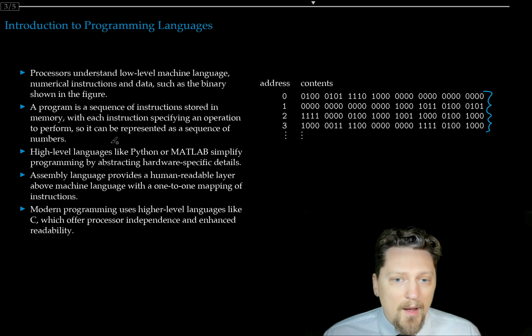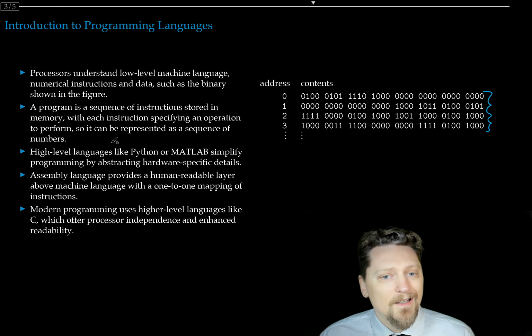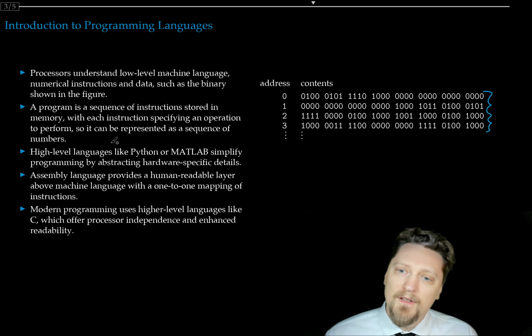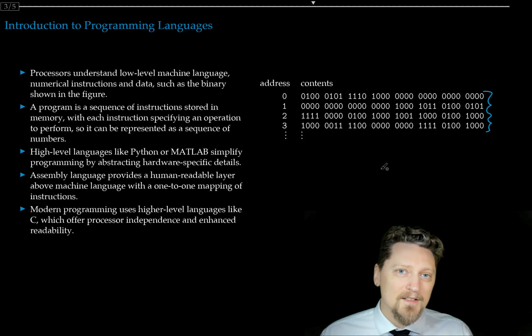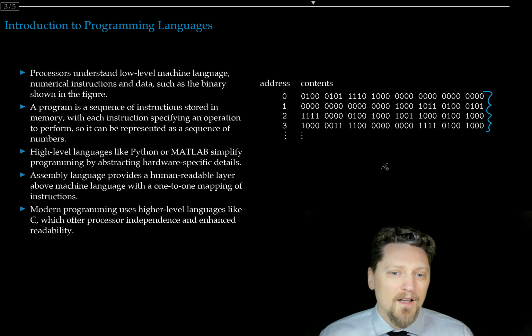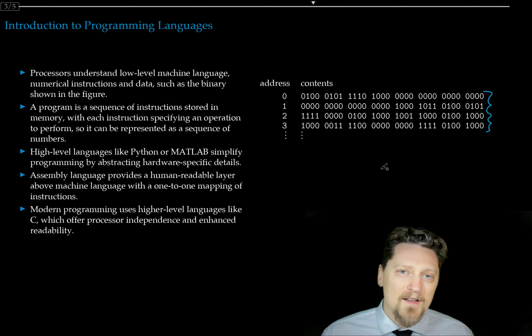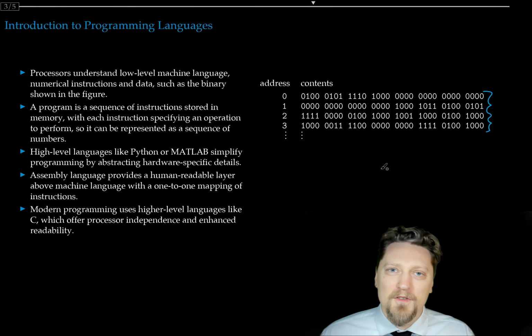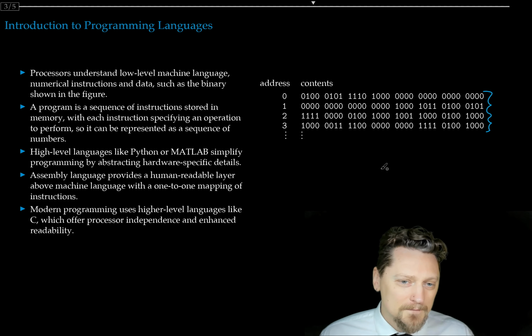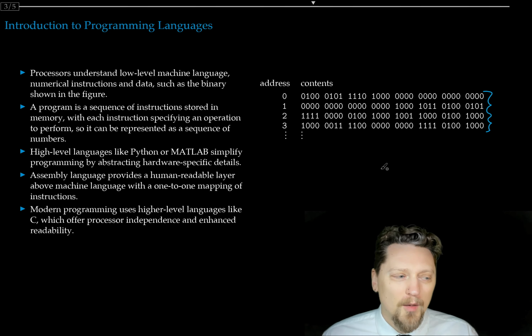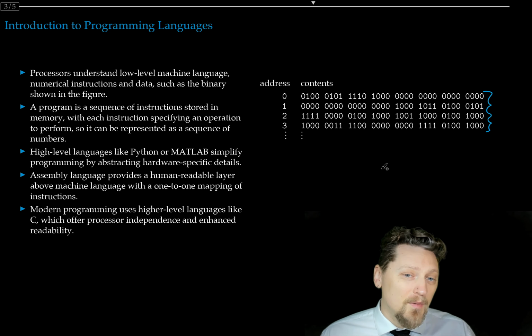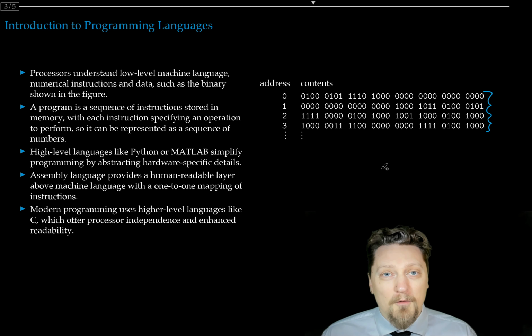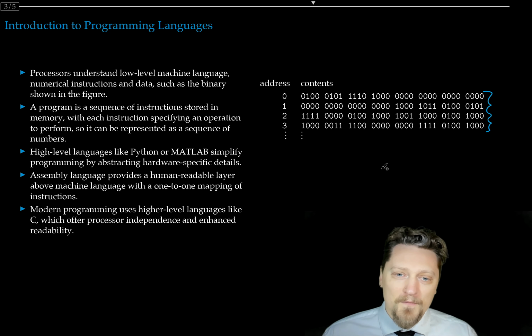High-level languages like Python or MATLAB simplify programming by abstracting hardware-specific details. So each processor has a set of instructions, and that processor is going to require that those instructions are used in a certain way. Now, we don't want a program that we write to be specific to one processor made by one company.